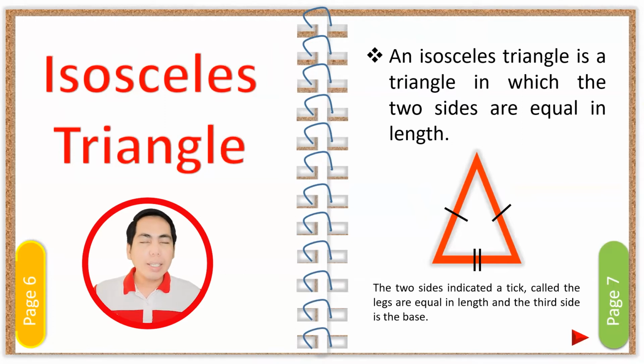The 2 sides indicated by a tick, called the legs, are equal in length. So this side and this side are equal in length as indicated by a tick, while the third side is called the base, and this base is either longer or shorter than these 2 legs.